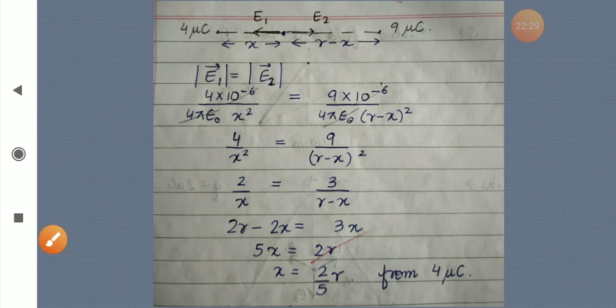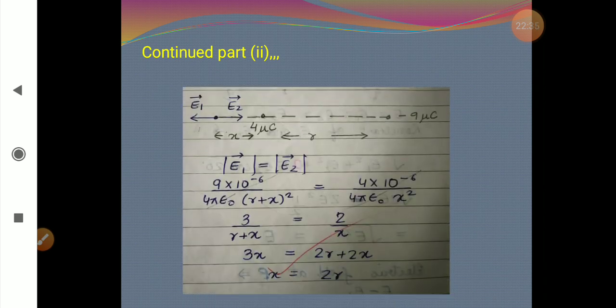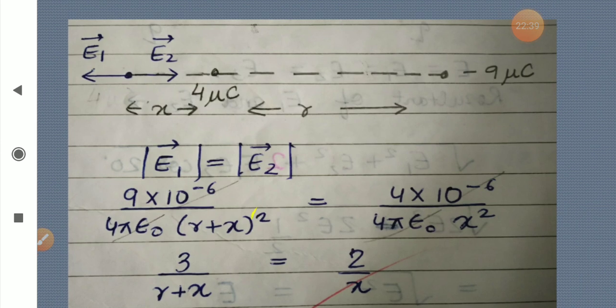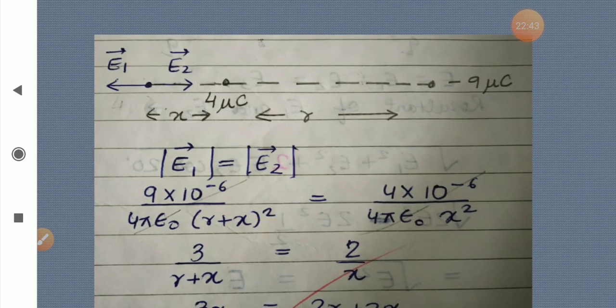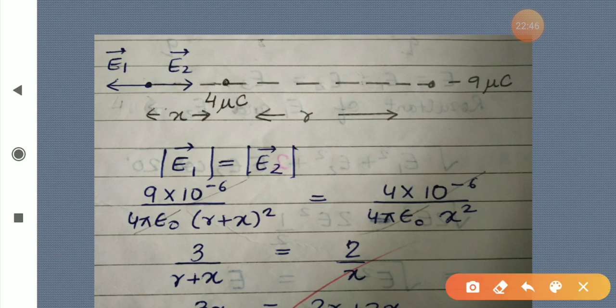Now, okay. So the next part. Here you can see. Now, if one charge is positive, like this one, and other charge is negative, then it is just not possible to have any point between the lines.